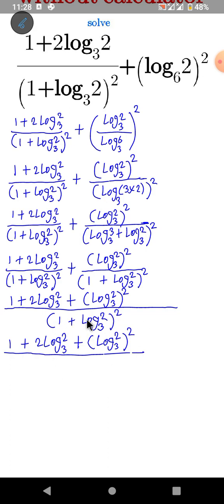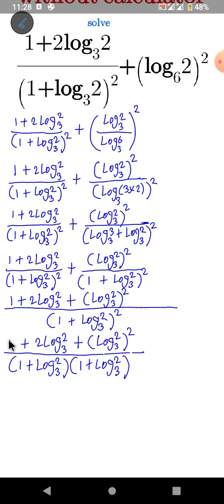Now since it is square, I can write it like this. I'll say 1 plus log 2 base 3 multiplied by 1 plus log 2 base 3, then close my bracket. Because of this square here, I'm going to make this multiply itself.